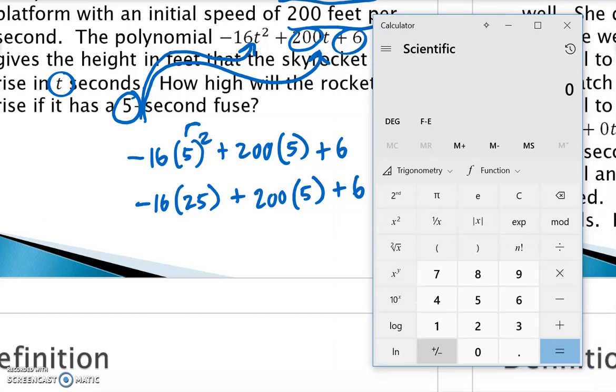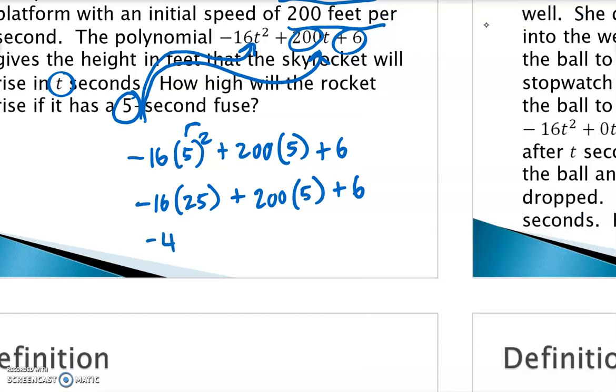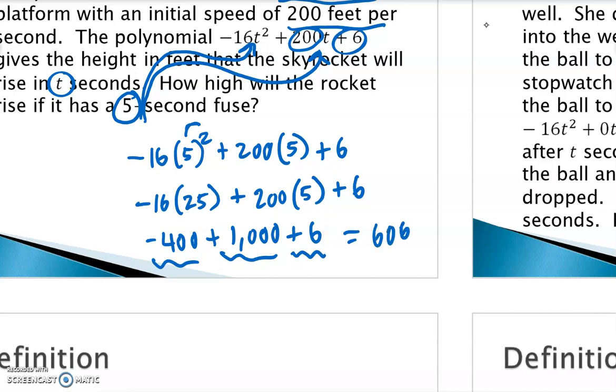So negative 16 times 25 gives us negative 400. 200 times 5 is 1,000. So plus 1,000 and then plus 6. Negative 400 plus 1,000 is 600. Plus 6 is 606.